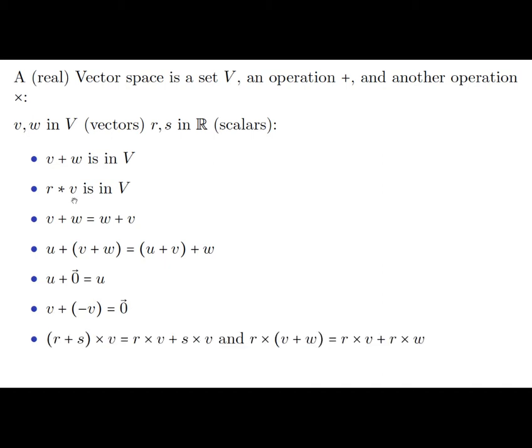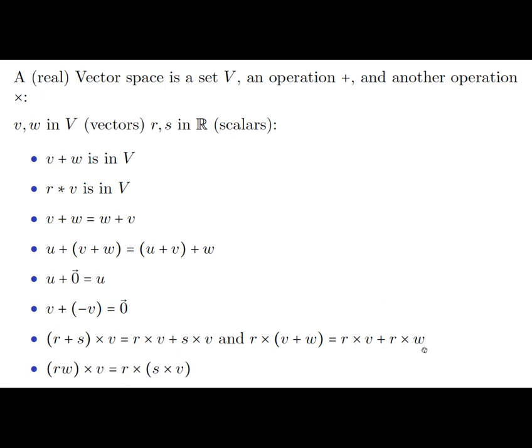There are two kinds of distributive laws. This one says if you add two scalars and multiply times a vector, that's the same as multiplying the first scalar times the vector plus the second. And similarly, if you multiply a scalar times the sum of two vectors, you can also write it this way.